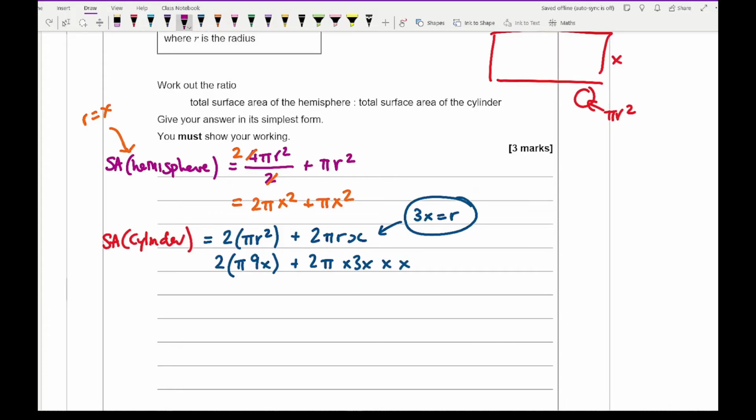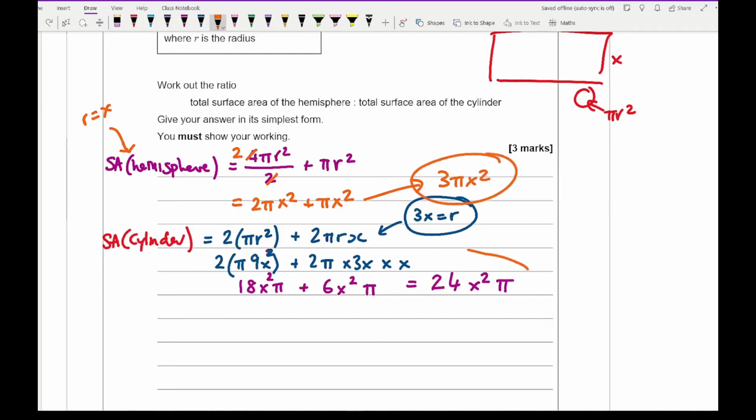Then simplifying all of this, I'm going to get 18x squared pi plus 2 times 3, which is 6, times x squared, so 6x squared pi, which gives me a total of 24x squared pi. And one thing I forgot to do is simplify the hemisphere, and that gives me 3 pi x squared.